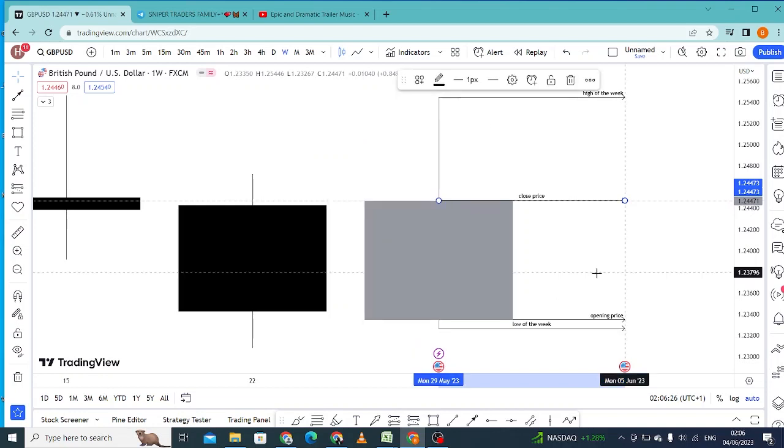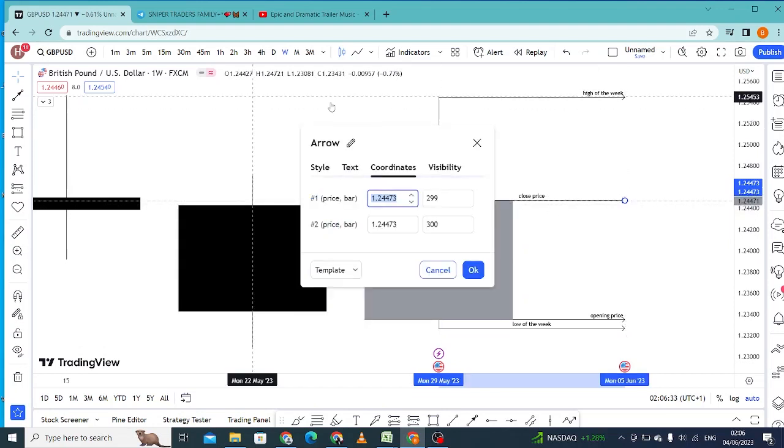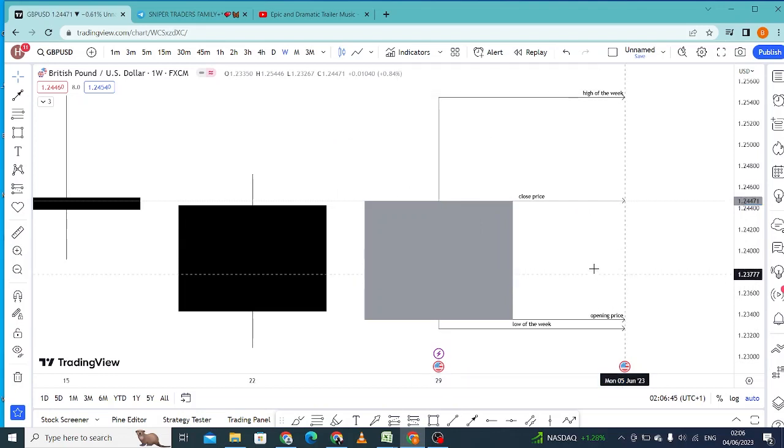That's the way price prints every week and on different time frames. So it's 1.24471. That's the close of the week, the closing price for the week.